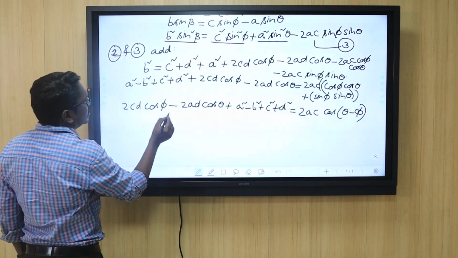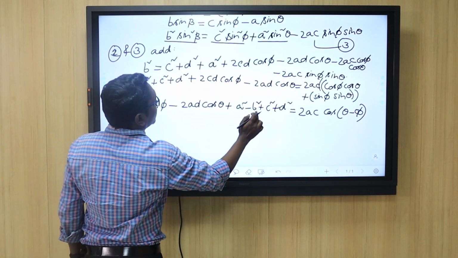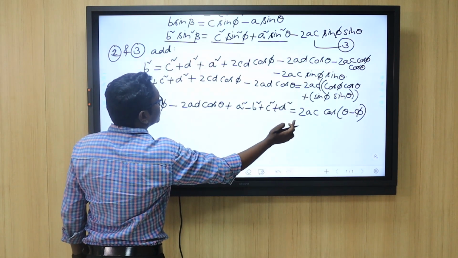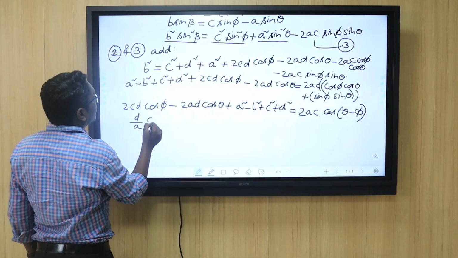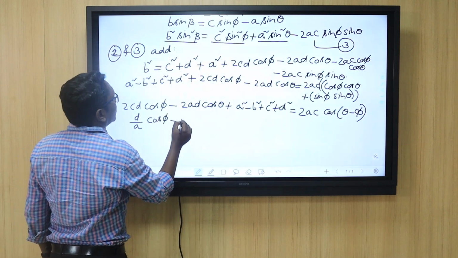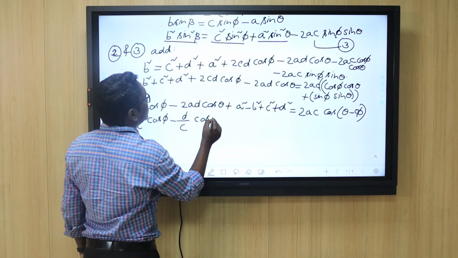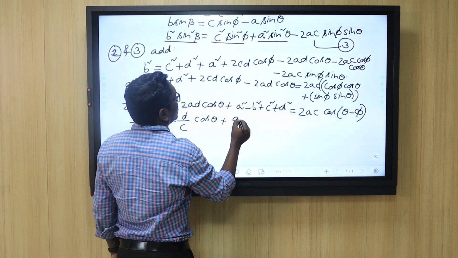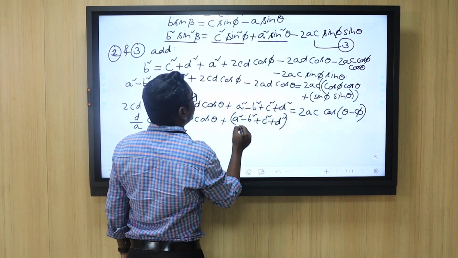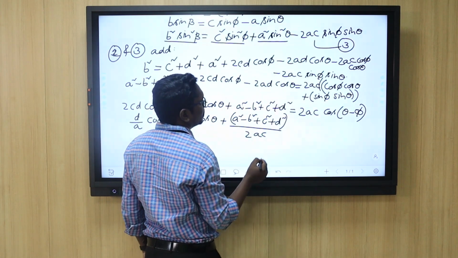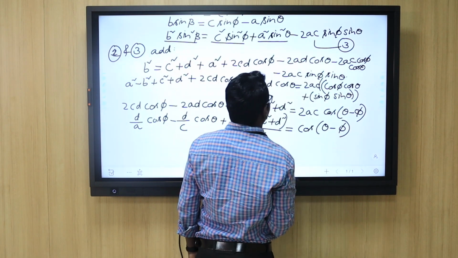So now dividing by 2ac: 2cd by 2ac, 2ad by 2ac, and a square minus b square plus c square plus d square divided by 2ac. So then we will get d by a cos phi minus d by c cos theta plus a square minus b square plus c square plus d square whole divided by 2ac. That is equal to cos of theta minus phi.